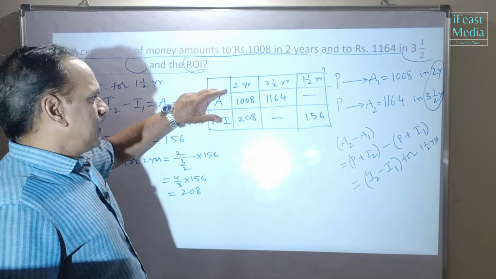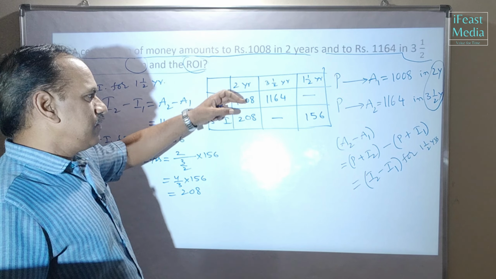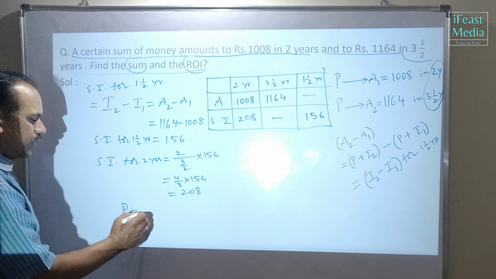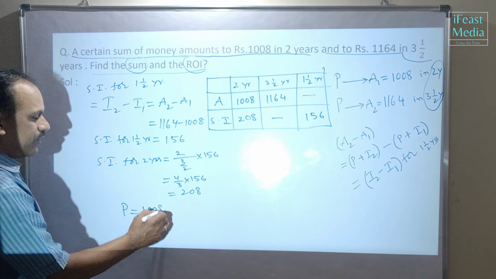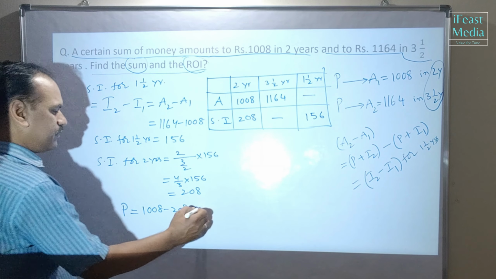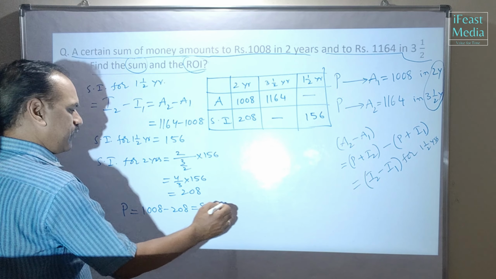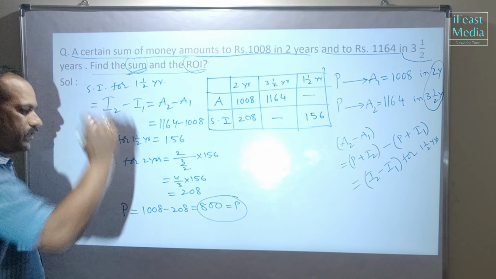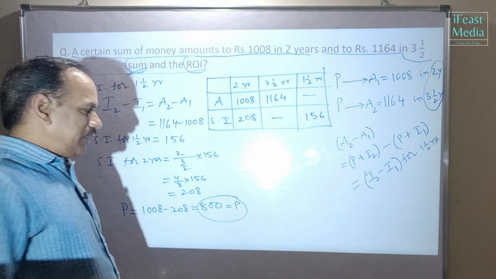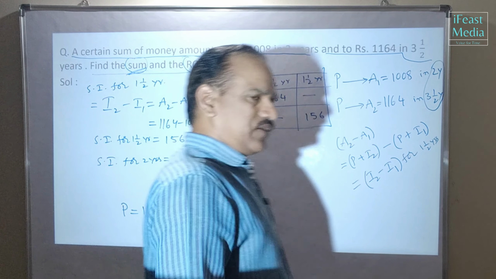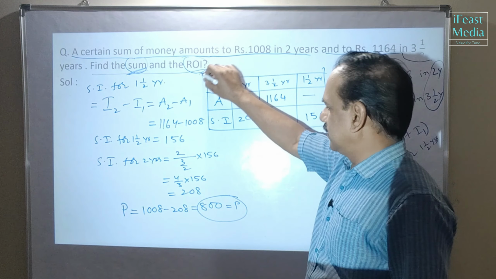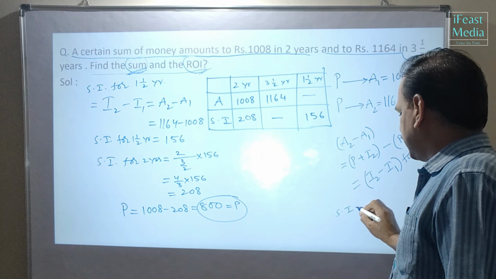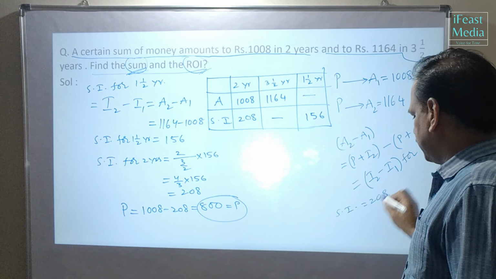If you know the amount and simple interest, you subtract and you get the principal. So what is the principal for 2 years? 1008 minus 208, which is 800. So the principal or sum is 800 rupees. Now from this you can find the rate of interest. Simple interest for 2 years is 208 rupees.